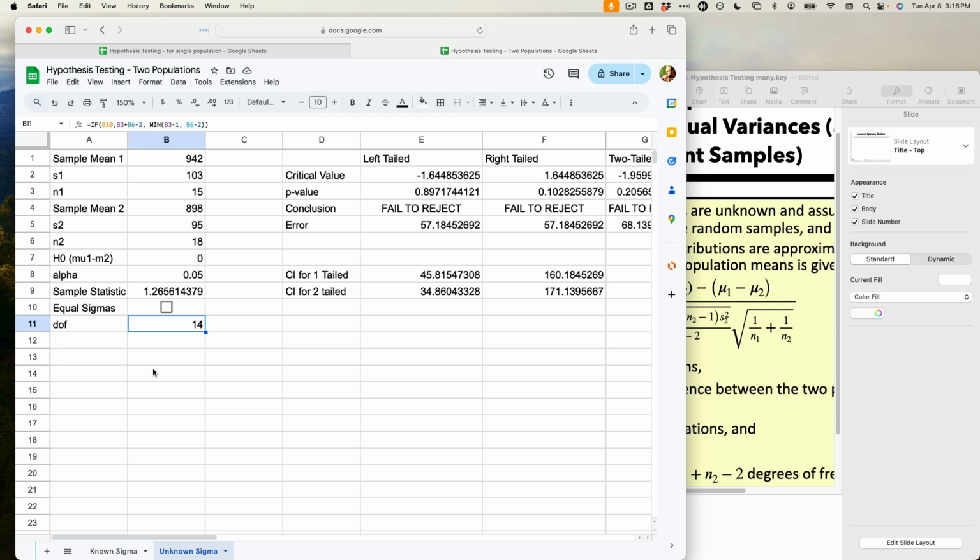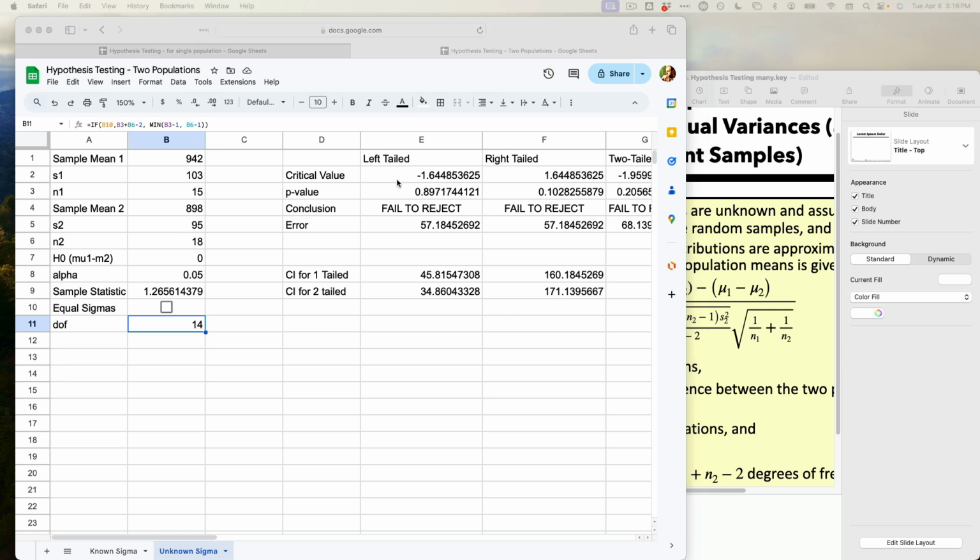Oh, I made a mistake here. Should be n2 minus 1. Thanks, everyone, for correcting me. It looks like it didn't make a difference because the minimum was still on the first cell. Okay. We good? All right. Now let's jump to the critical values.